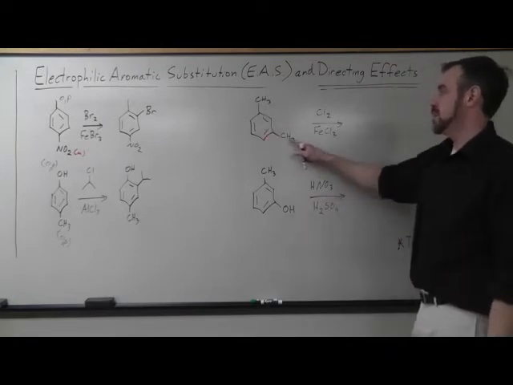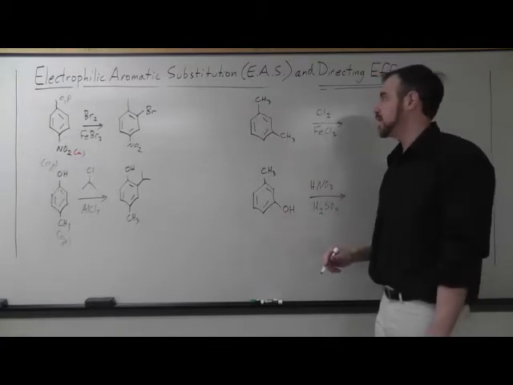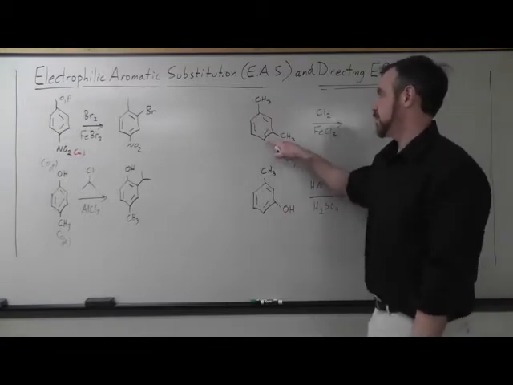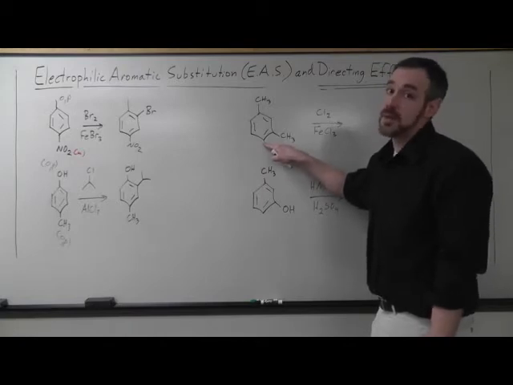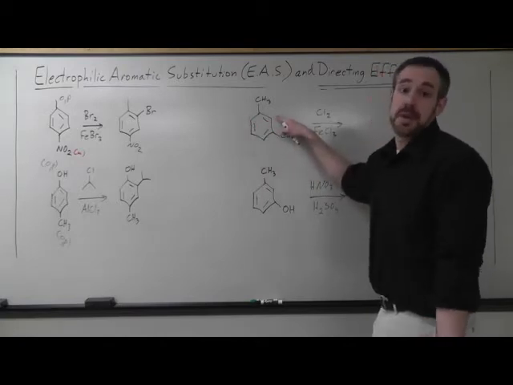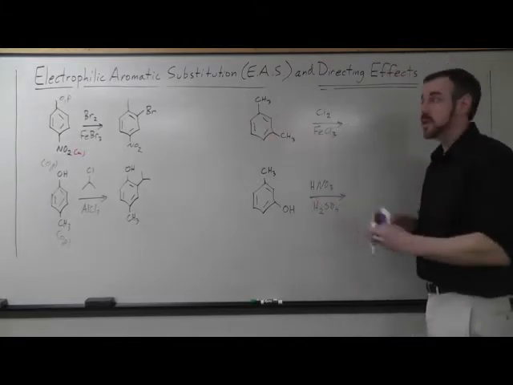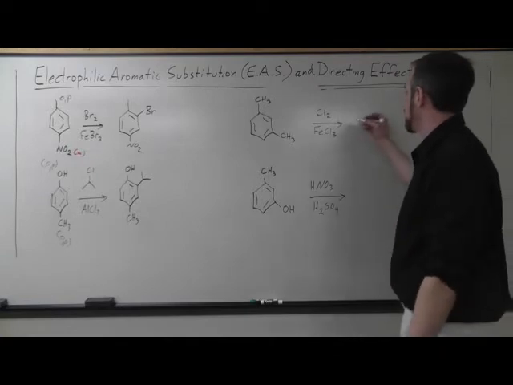In the next example, here we have two identical groups that are ortho-para-directing. And so you would expect that, if it goes here, it's para to one and ortho to the other. Same case here. Or if it goes here, it's ortho to both. So all three of these positions are good in terms of electronic effects.